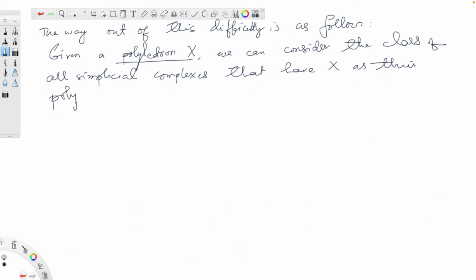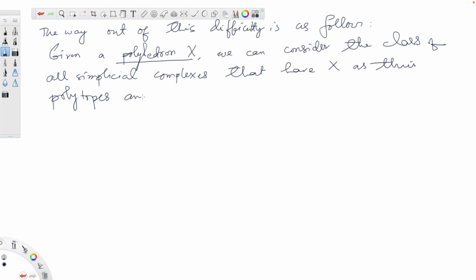We form a class of simplicial complexes that all have the same underlying space given by the topological space X.